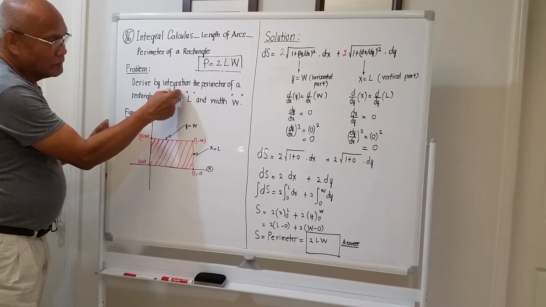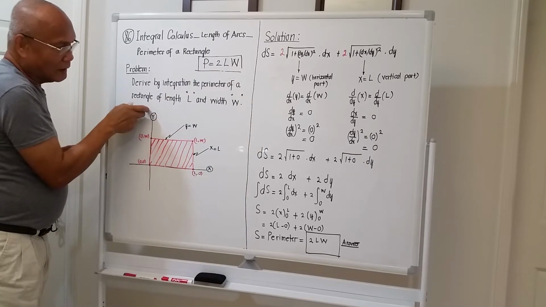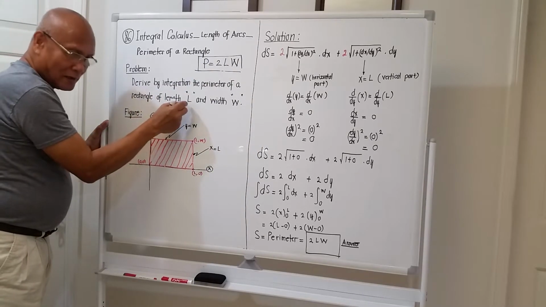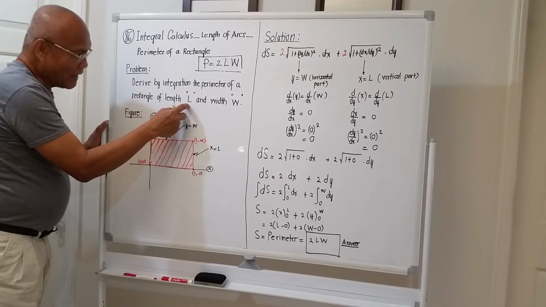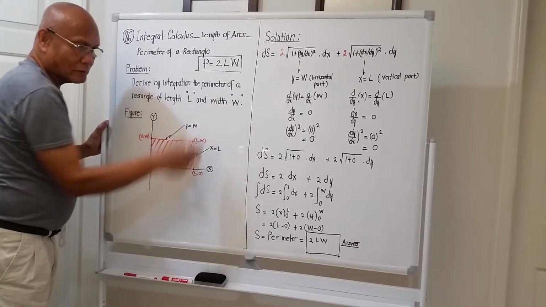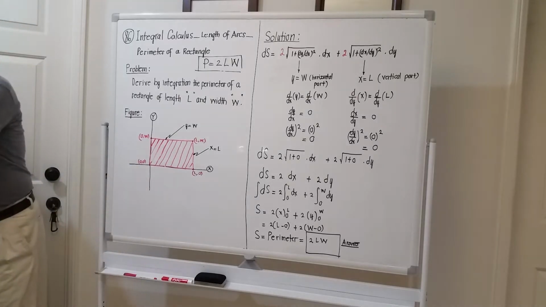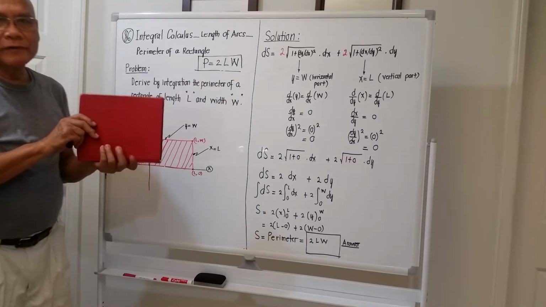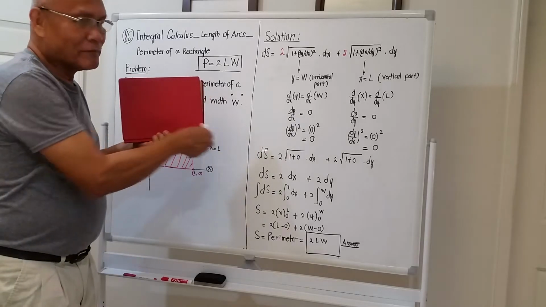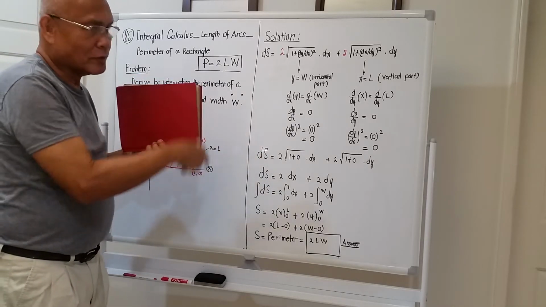Derive by integration the perimeter of a rectangle with length L and width W. Meaning, we are given a rectangle, we are given the length, and we are given the width.